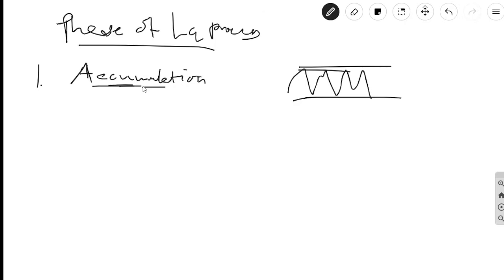You have to know those markets are just an accumulation phase, where buyers and sellers are gathered in one place. So that is an accumulation phase.